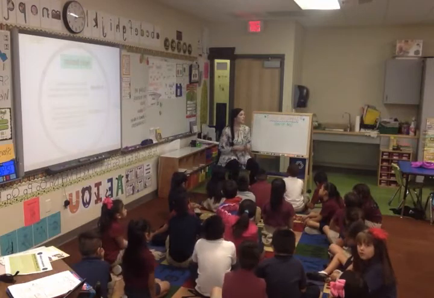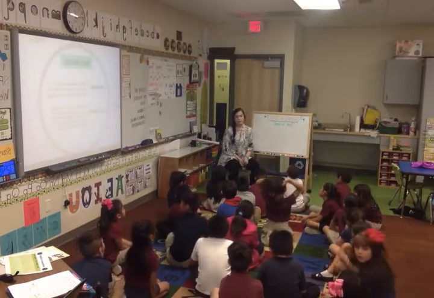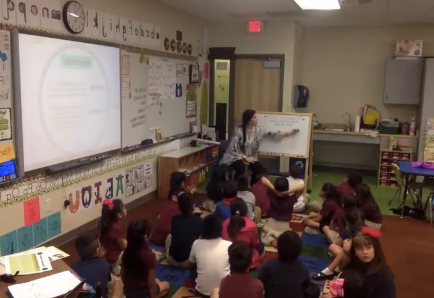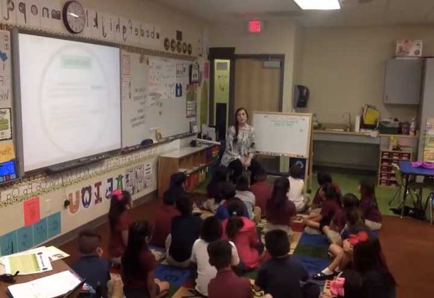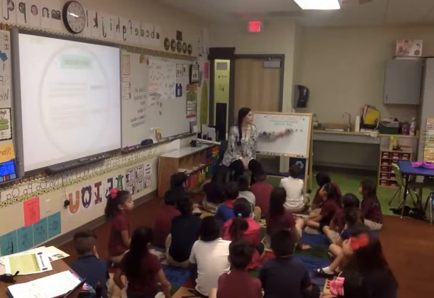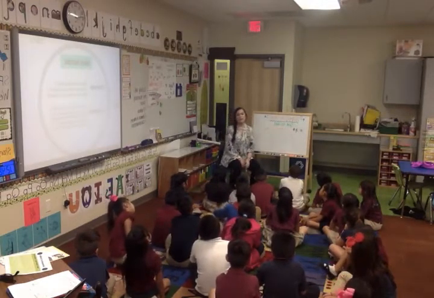Every time someone answers a question that I call a superstar question, if you're the one that answers my question, you get to come up here and draw 1 star. And some questions are going to be harder than others, and so those might be worth 2 stars. So our goal is to get 40 stars by the end of the lesson.